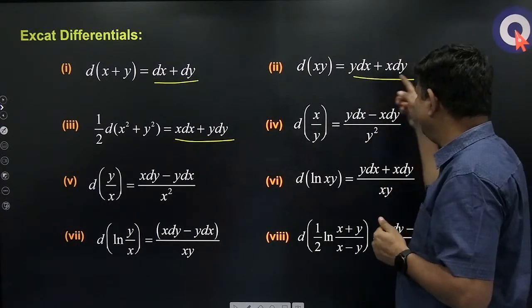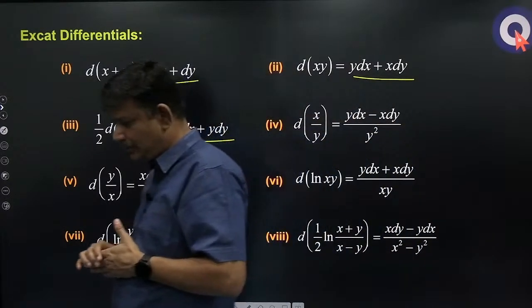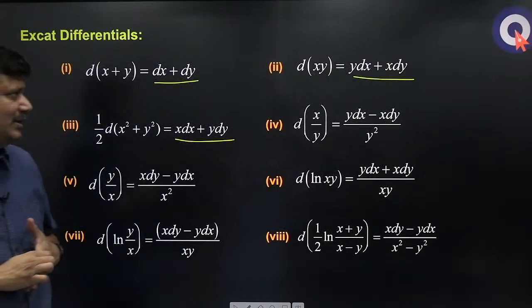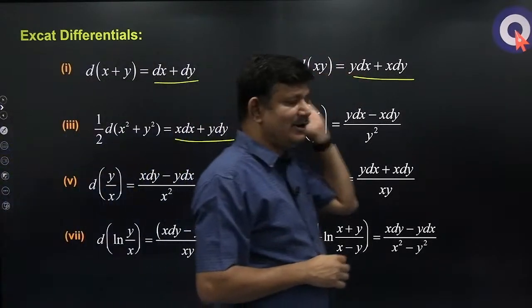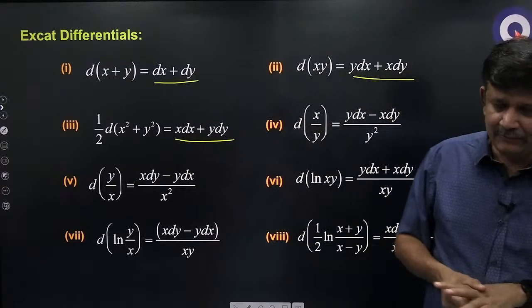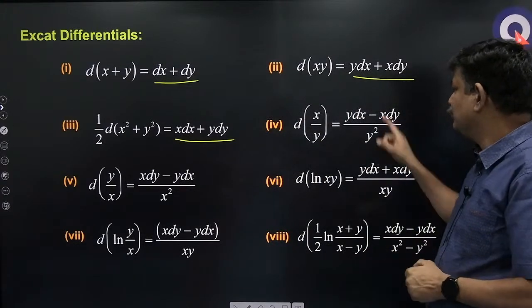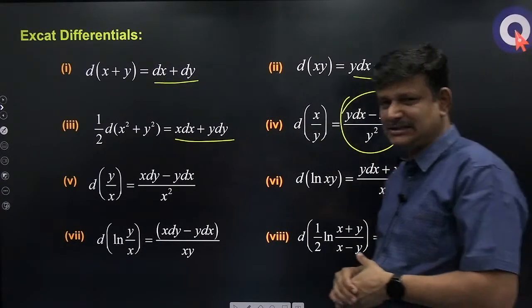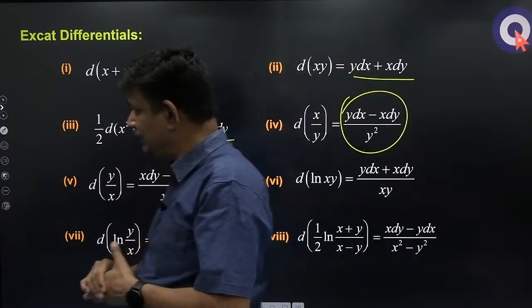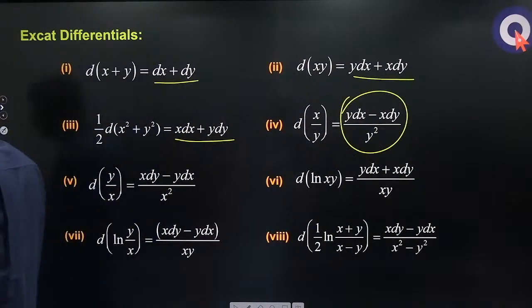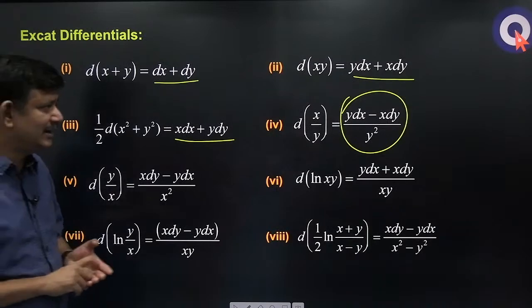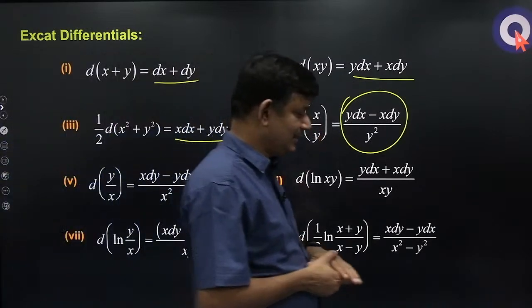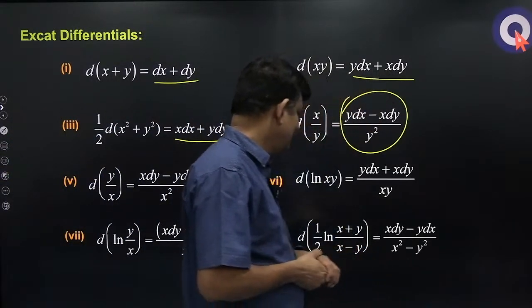If I see y dx plus x dy, I should identify it as the derivative of xy, UV rule, derivative of xy. If you see this pattern, y dx minus x dy by y square, you should identify it as the derivative of x by y.